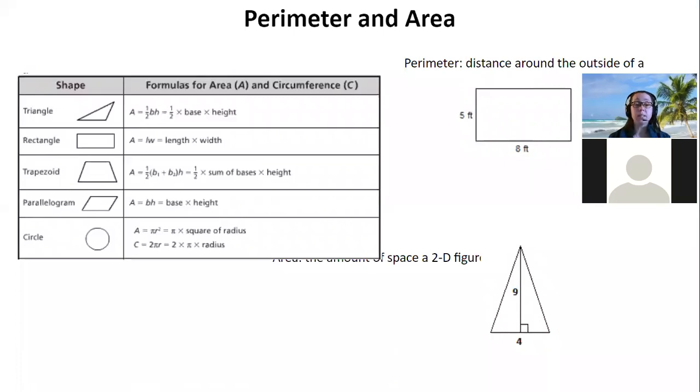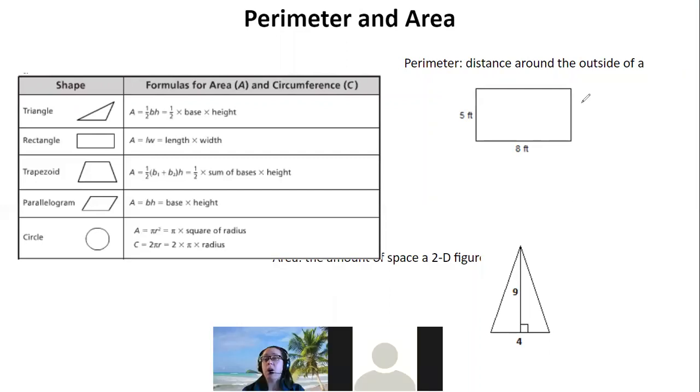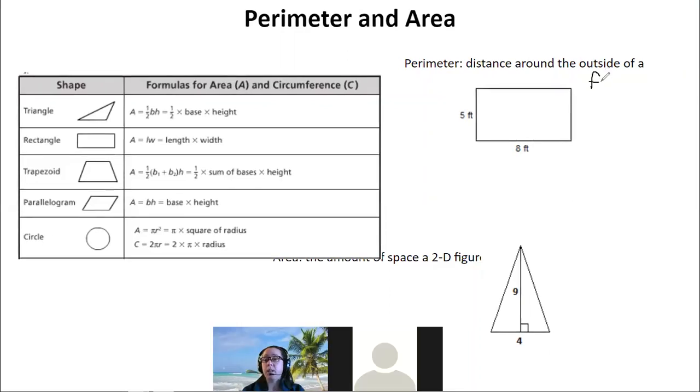So let's get on to what we're talking about today. Today we're talking about a whole bunch of perimeter, area, and circumference. Perimeter is the distance around the outside of a figure, we'll say.